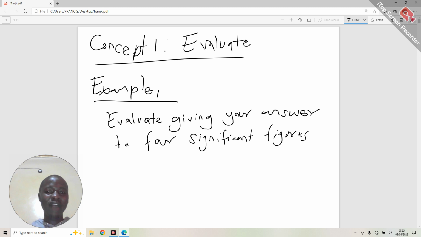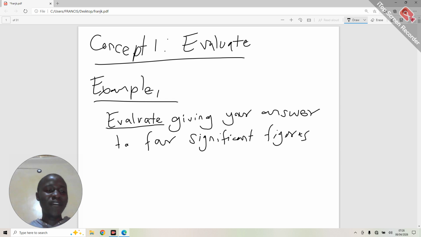If I were a student, what would I have underlined so that I don't forget what the question requires? Number 1 term is evaluate. This thing evaluate carries a lot of meaning. Remember I told you we have 2 terms an examiner uses. Evaluate, that is the first term, and the second term is evaluate without using a mathematical table or a calculator.